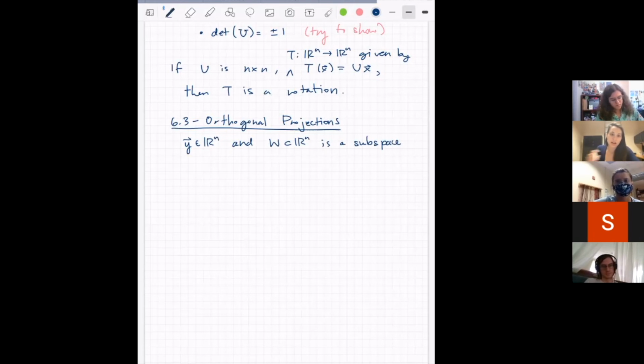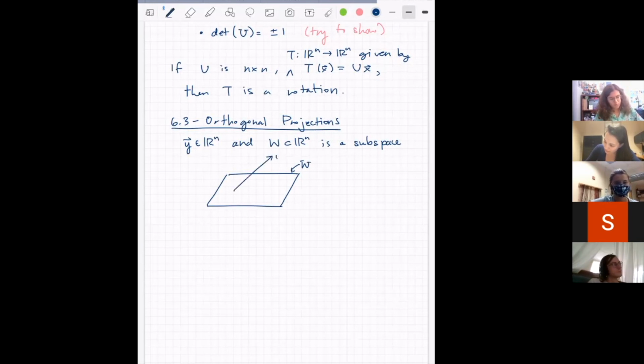Okay, the idea is, and we'll say y is not in the subspace, so it's interesting to talk about the projection.